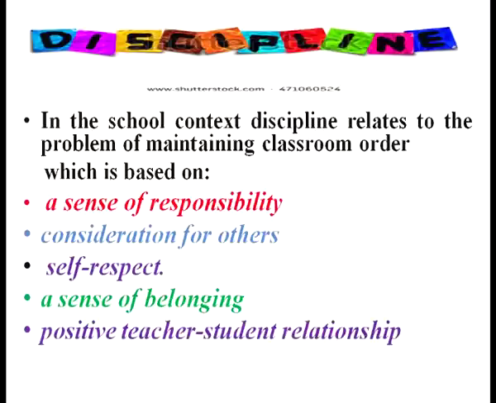Self-respect: if we respect ourselves, only then can we respect others. A sense of belongingness: if we feel associated with the prevailing environment, only then can we have a sense of belongingness. Positive teacher-student relationship: to bring positive outcomes, a positive teacher-student relationship is most required.